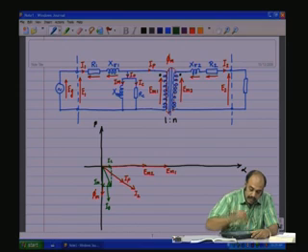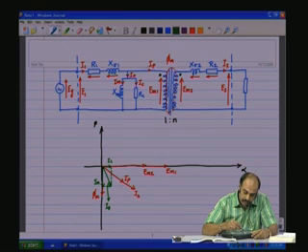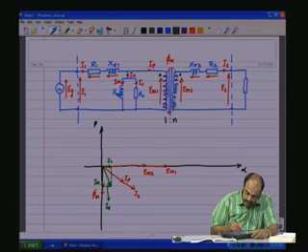Now, the current I1 is the vectorial sum of Ip and I naught. So, Ip is here.